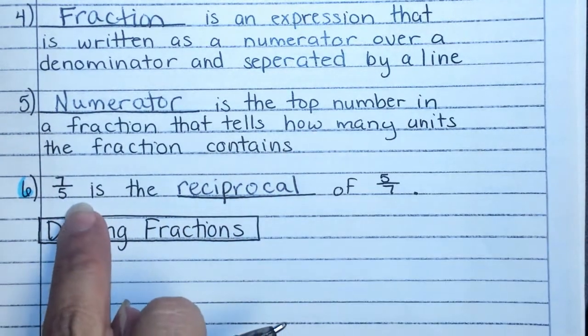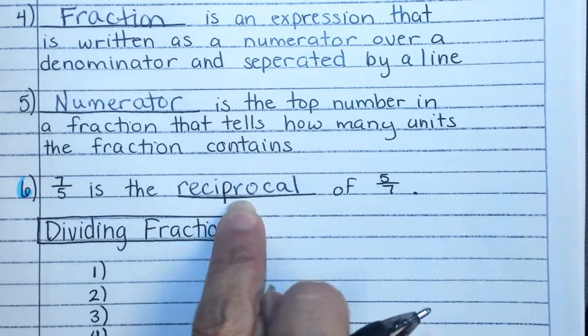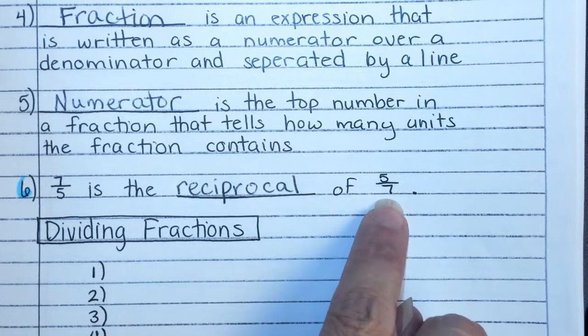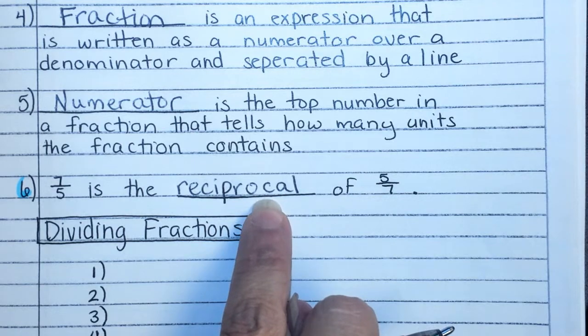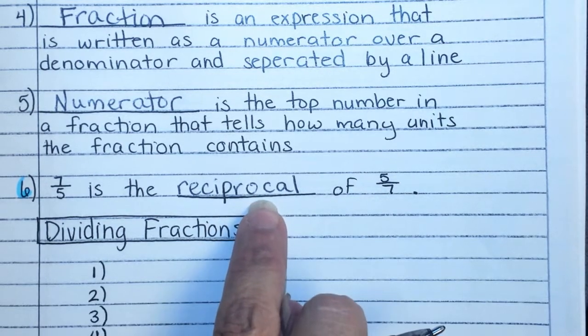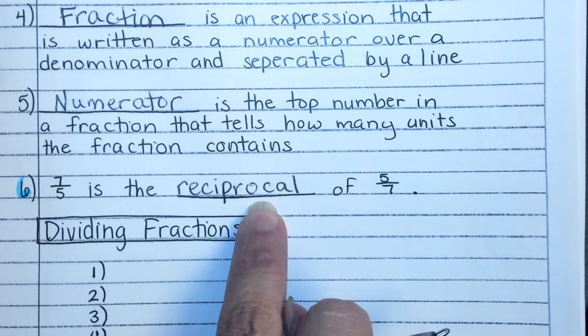So 7/5 is the reciprocal of 5/7. Reciprocal is used in division. It's kind of like how we change it back to a multiplication problem. It's just a fancy word for flipping it over.